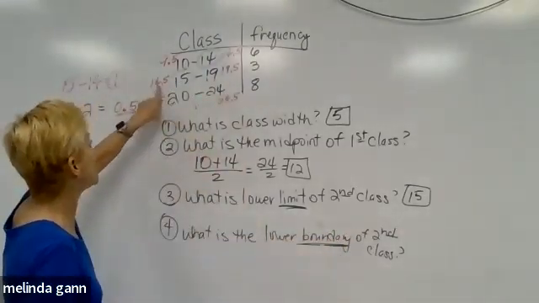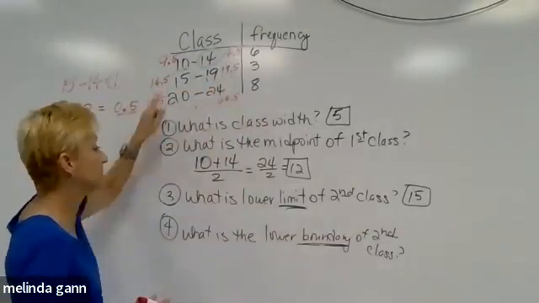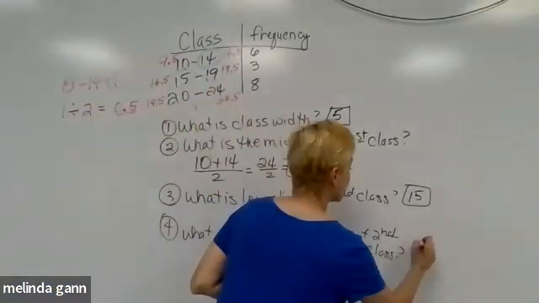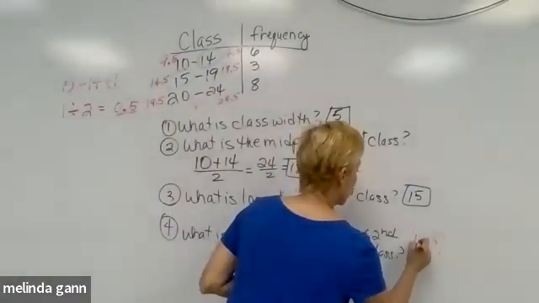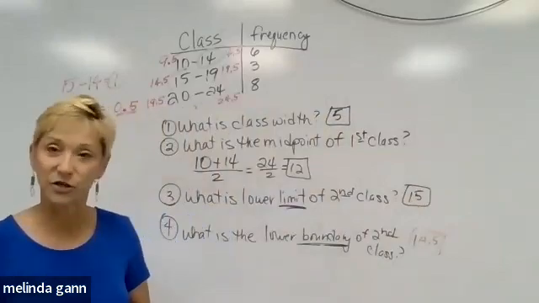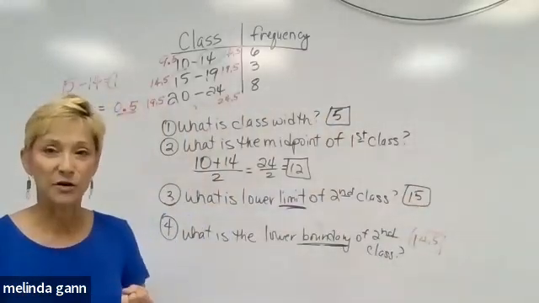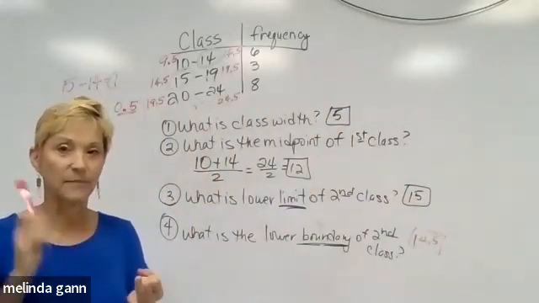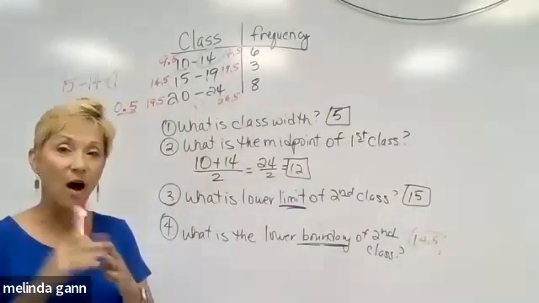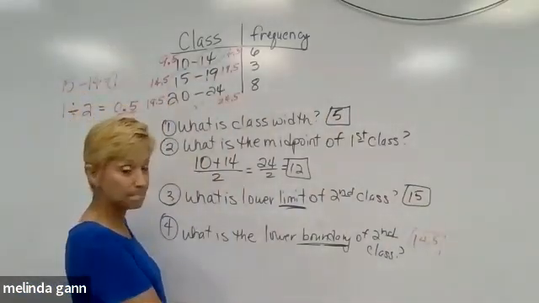Well, my boundaries are this 14 and 5/10 and this 19 and 5/10, and the smaller is the 14 and 5/10. So see, boundaries and limits aren't the same answer. So make sure you know whether it's asking you to find a boundary or a limit. So make sure you can find boundaries and limits and midpoints and all those kinds of things if I give you a table. Okay?